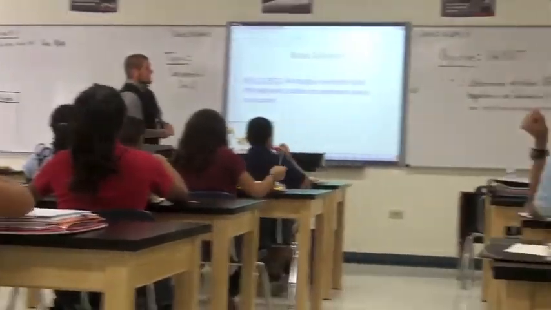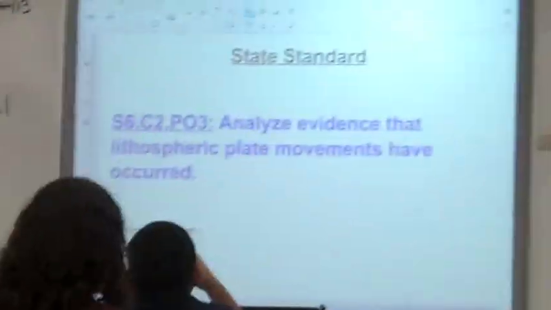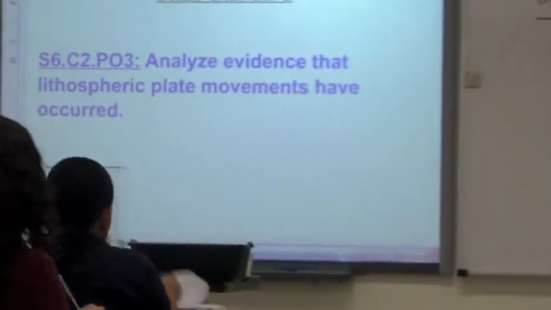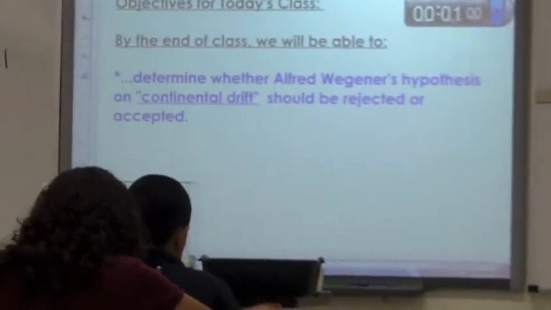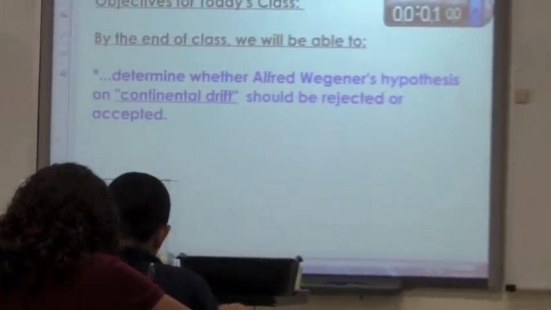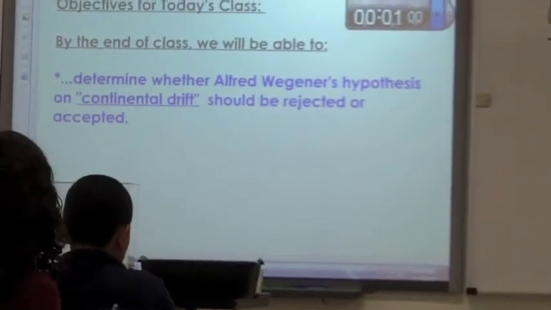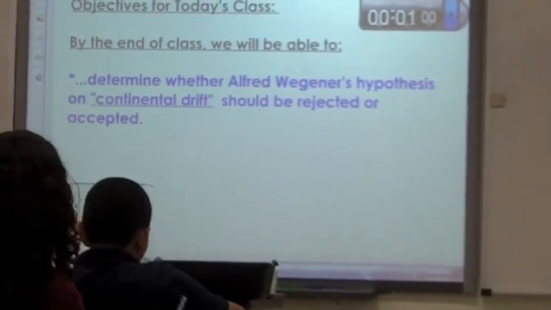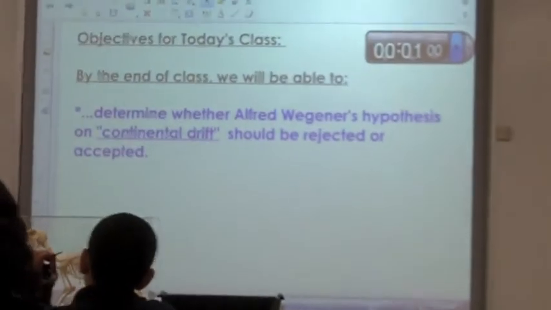Okay, so we have an objective today that is aligned with this standard: analyze evidence that lithospheric plate movements have occurred. Our objective today is that we're going to gather some information on a guy named Alfred Wegener, and he had a hypothesis or a belief that the continents drifted, that all the continents used to be together and now they're apart.